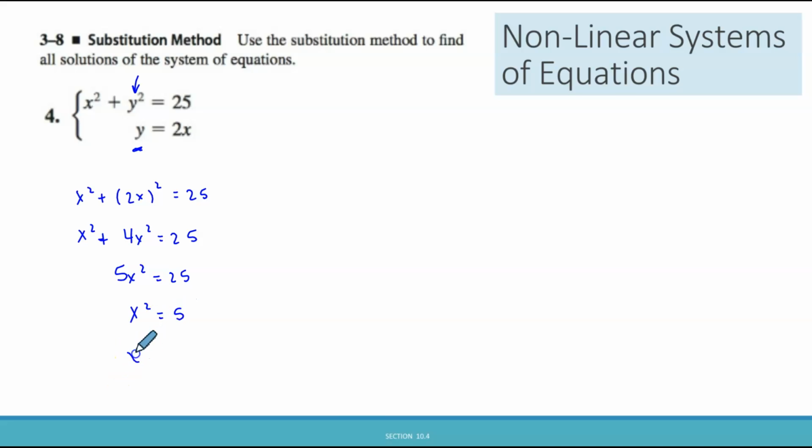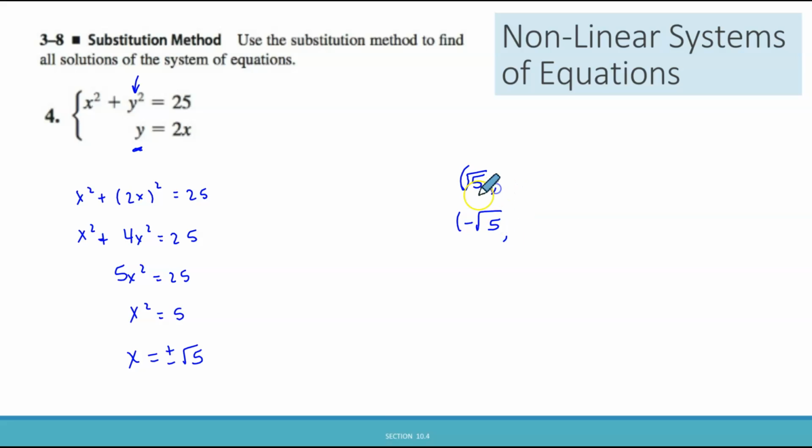I'm going to apply the square root, so I have to remember plus or minus, and the square root of 5 is what we get for x. So x is a positive square root of 5, and x is a negative square root of 5.